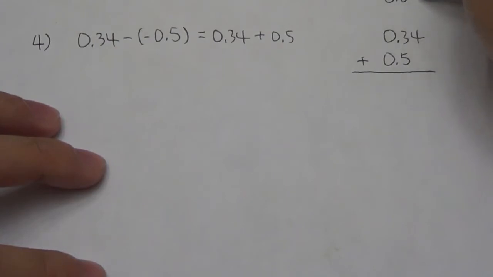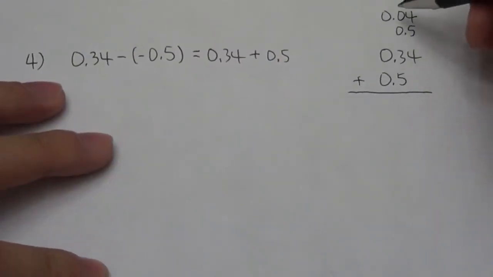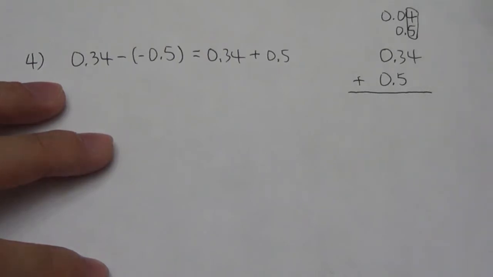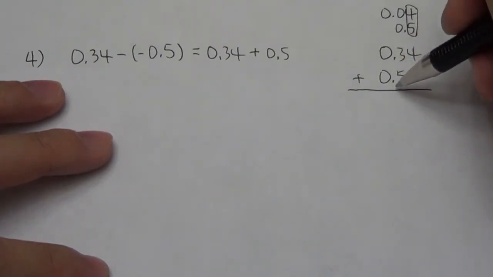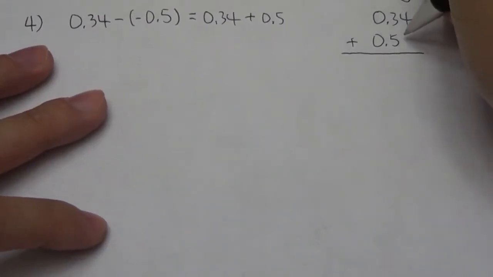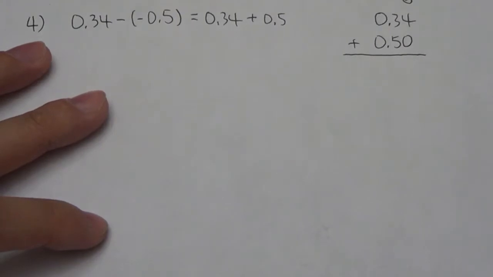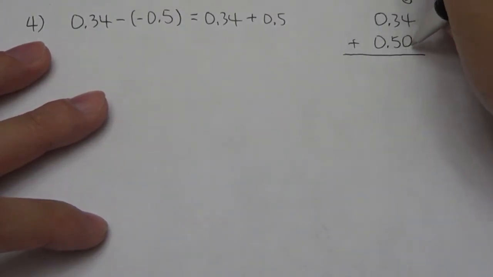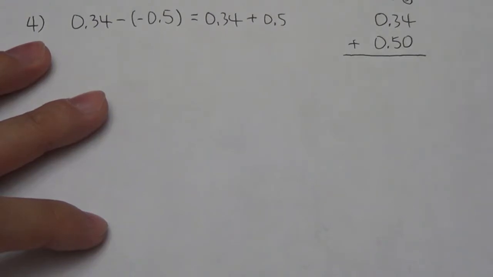So adding these two together would cause trouble because they are not in the same number place, right? This 5 should be lined up with the 0 over here because both of these are in the 10th place. The 4 is in the 100th place, okay? So by lining up the decimal, you automatically line up all the rest of the numbers, right? And by adding 0, sometimes it helps people visualize it a little better, where there's actually a spot there. It's the number 0, that's why it's not there.